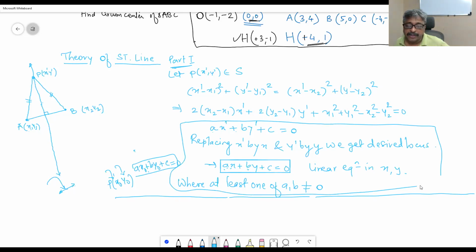So if x0, y0 satisfies this equation, then here it will be x0, here it will be y0. You can regroup them, you can add the deleted terms like x' square, y' square, etc., and make it a complete square. So from here to here you can go, writing x0 and y0 instead of x' and y', and then we can look at it as a distance, and the geometric condition is satisfied. Therefore P(x0, y0) will belong to S.